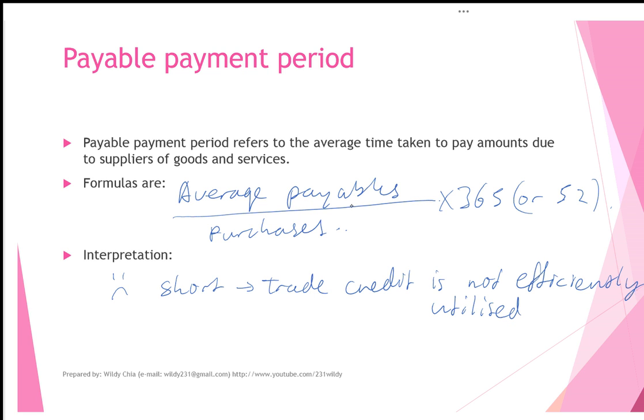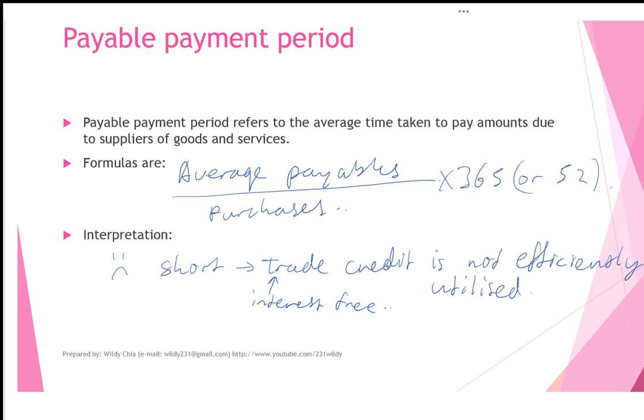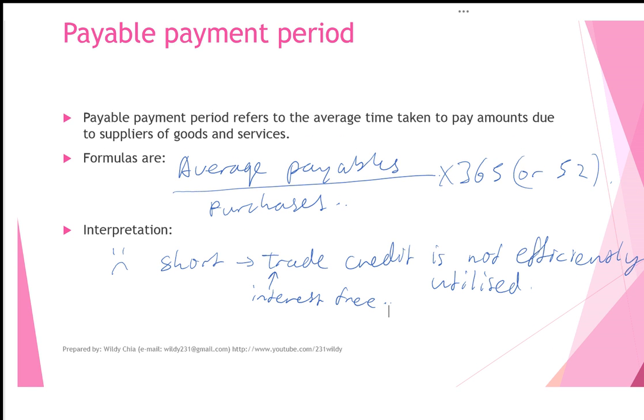Imagine if the supplier were to offer you 30 days but you pay in 10 days. You're not making good use of that trade credit, right? And trade credit should be properly utilized because trade credit is usually interest free. So as far as businesses are concerned, they should take advantage of all this interest free financing, right?